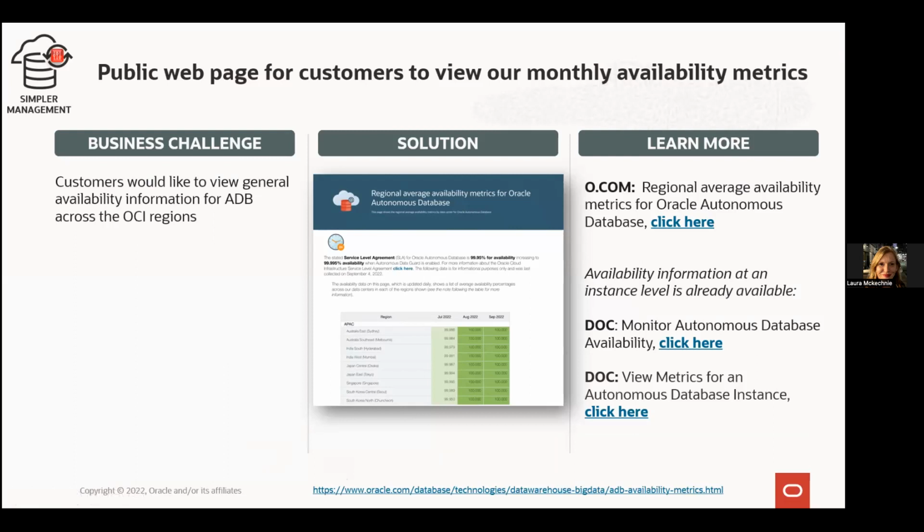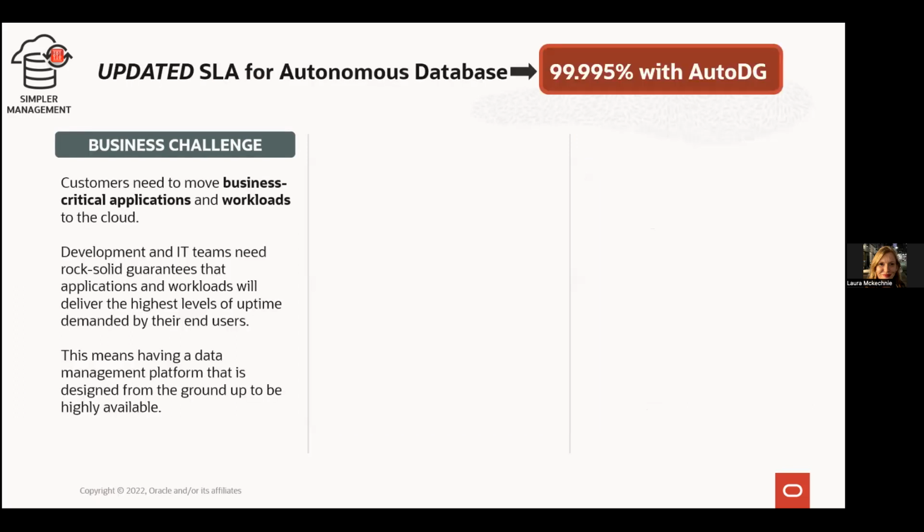So really, it's a good way to look and see at a high level: yes, Oracle is meeting its service level agreements, or better yet, actually beating its service level agreements in most cases. And I think that's the really important thing to see from this. And so you can now come in and track our performance on availability at the aggregate level, as well as at the instance level too, which you've been able to do for a few months now. Okay, so that's a real nice thing to be able to do.